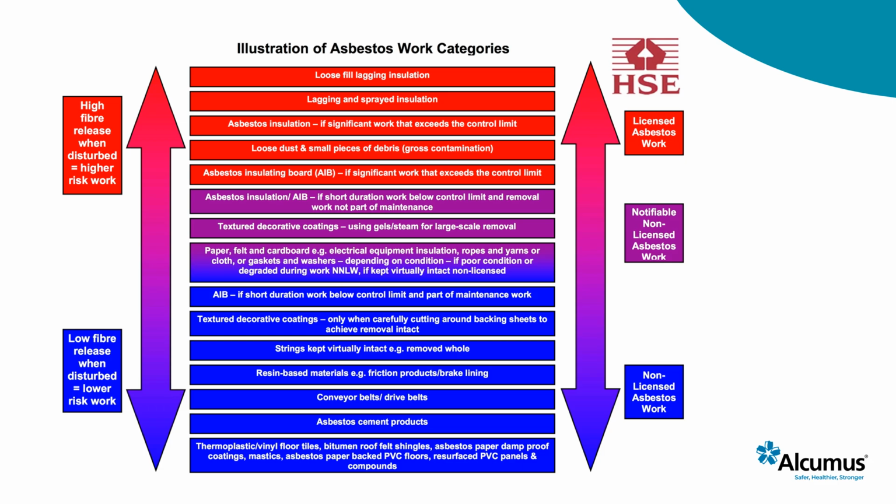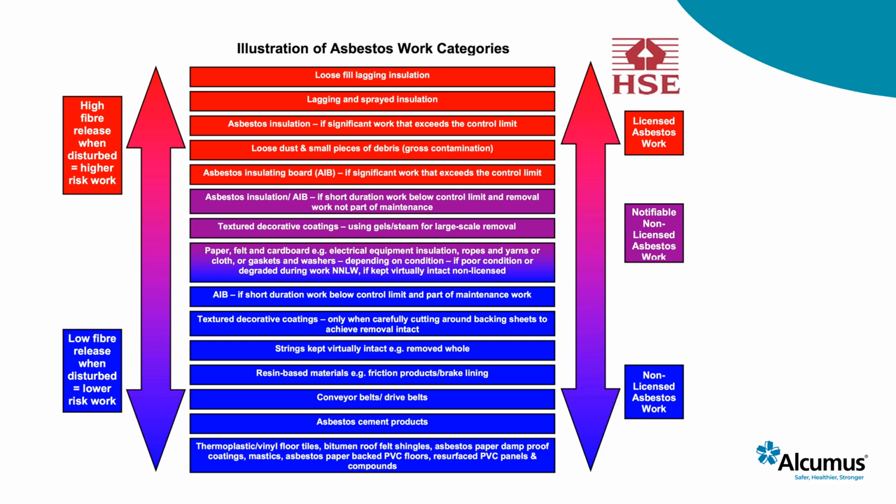It is a duty under the control of asbestos regulations that the person in control of the premises takes reasonable steps to determine if any asbestos-containing material is present, and to put arrangements in place to manage that asbestos, which may be to inspect the materials on a regular basis to check if the material has been damaged to an extent where fibres may be released.